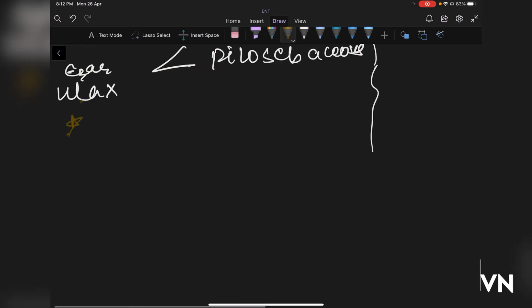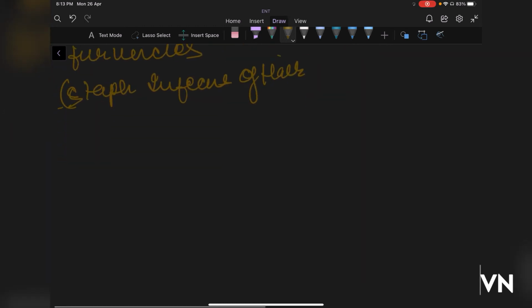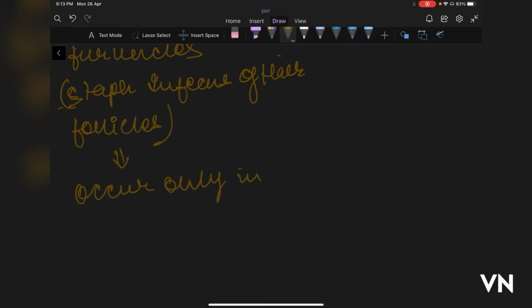The one important point over here is that furuncles, which are nothing but staph infection of hair follicles, occur only in the anterior 1/3 of the ear, because hair follicles occur only in the anterior 1/3.